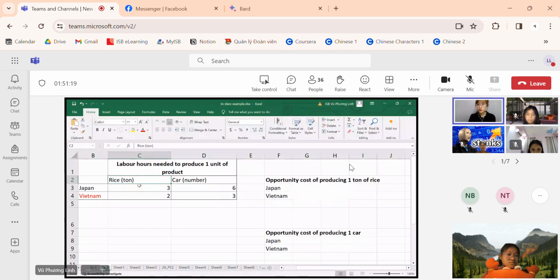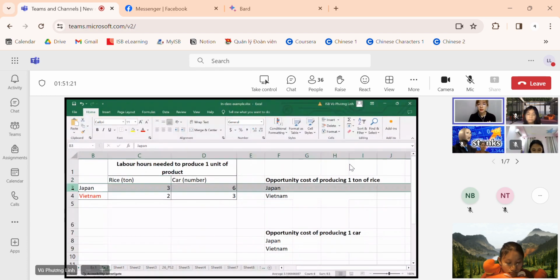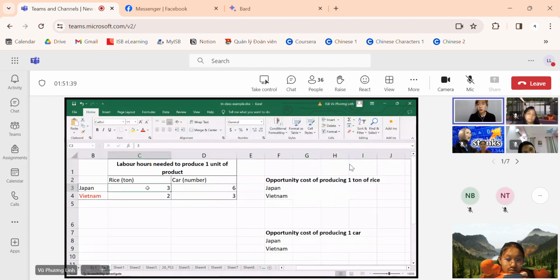Look at Japan. In 6 hours, they can produce a car, but they need only 3 hours to produce a ton of rice. So if Japan spends 6 hours to produce a car, how many tons of rice do they need to give up? It must be 2, right? It's like the rule of three that we learned in secondary school.